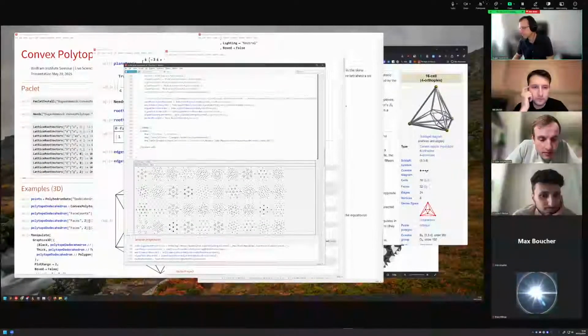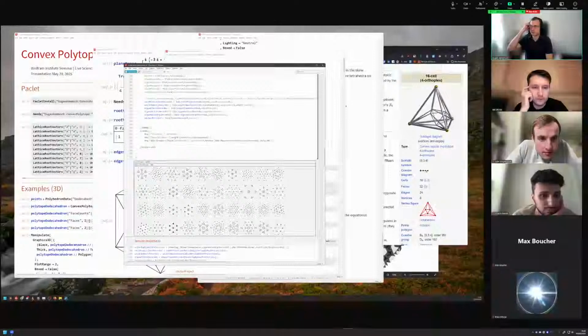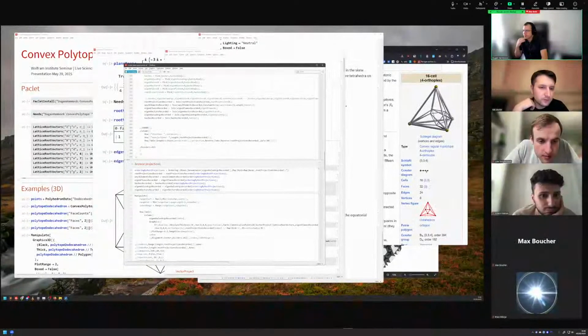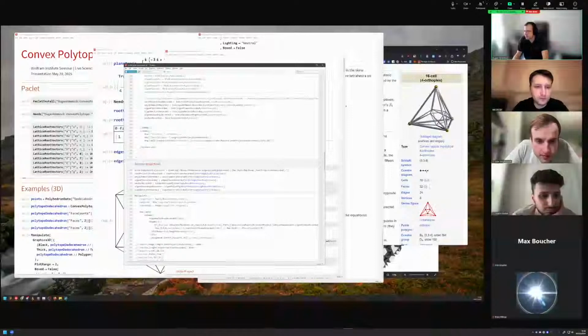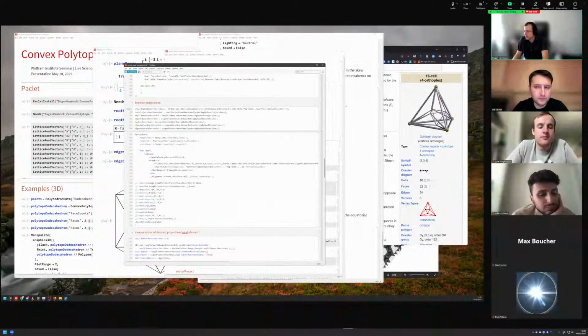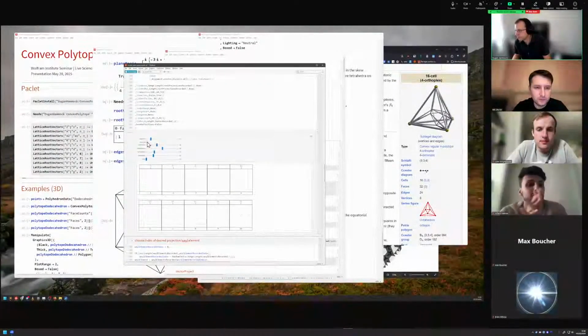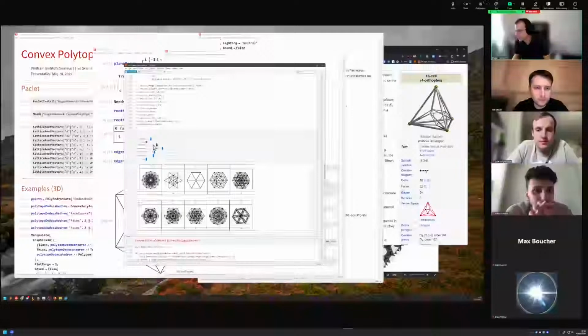So here it's picking out Coxeter planes and sorting them by their symmetry.